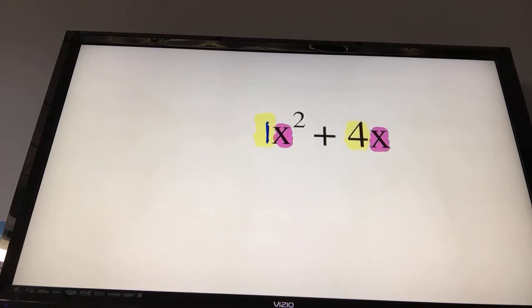One of them has an x to the second power, as it's listed there. So how many x's are common to those terms? Tommy? 1. They each have 1. So this one has 1, this one has 2. So 1 is common. They both have at least one x. So that's what comes out.